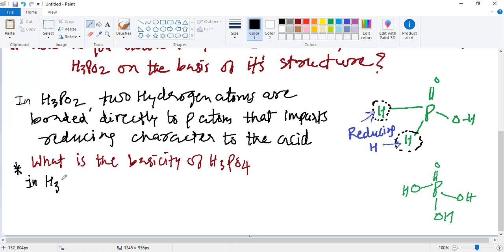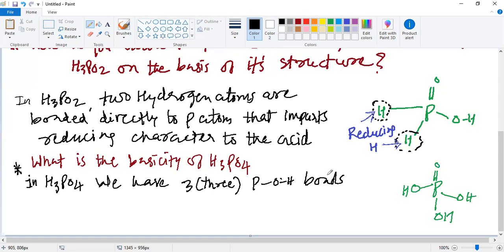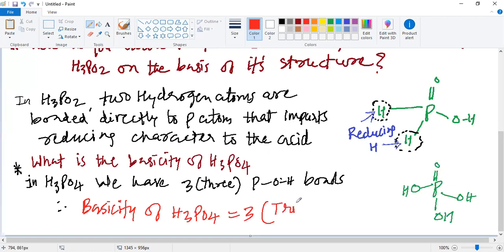In H3PO4, we have three P-OH bonds, and therefore the basicity of H3PO4 is 3, or it is called a tribasic acid. So this is how we can answer this question, my dear students.